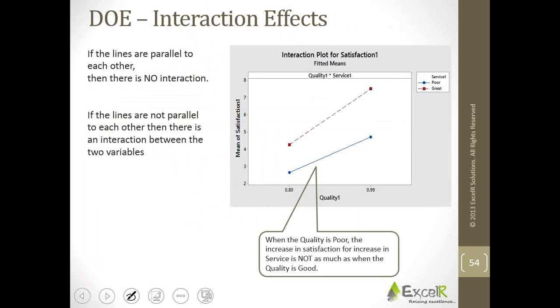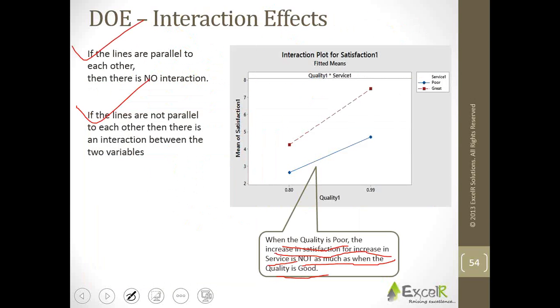So when I plot this, here is what the thumb rule is. If the lines are parallel to each other, then there is no interaction. So this means when the quality is poor, the increase in satisfaction for an increase in service is not as much as when the quality is good. That is what we can infer.